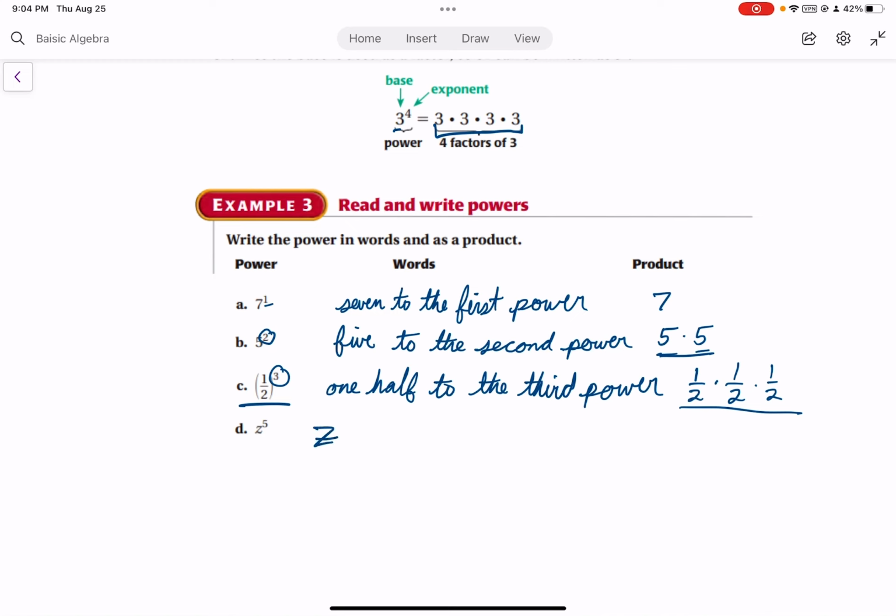Z is the base here. So we're going to say Z to the 5th power. So that means we're going to write Z 5 times. And then I can make sure I get my dots nice and clear for you. All right.